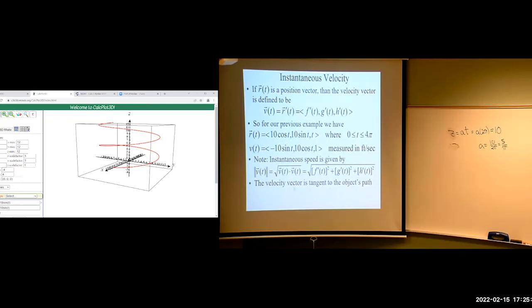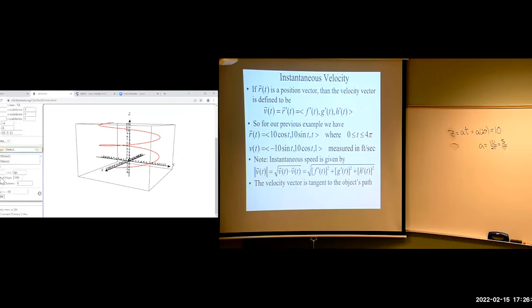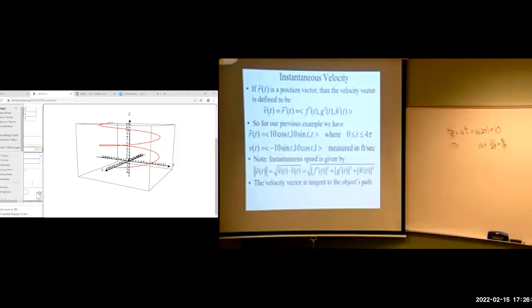The velocity vector is going to be tangent to the object's path. Let's put on our velocity vector. All right, so here's our plot.